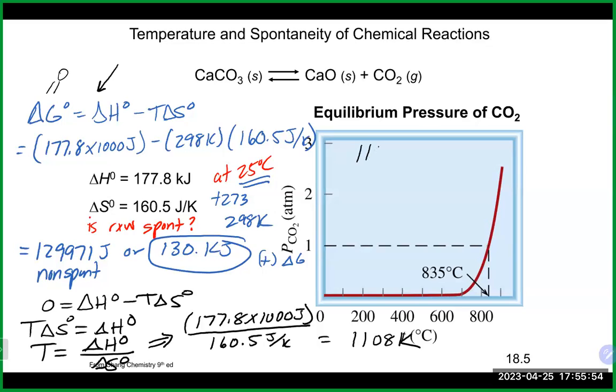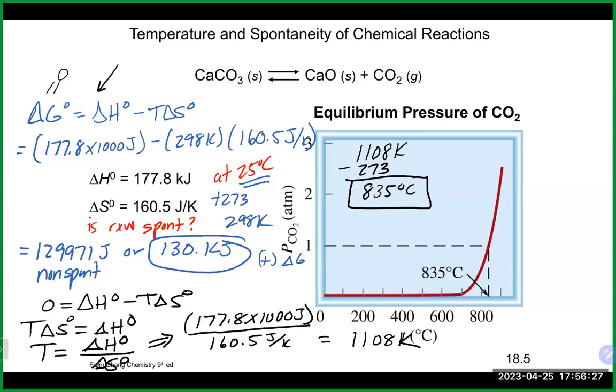If we convert that into Celsius by subtracting 273, that gives us a temperature of 835 degrees Celsius, which is what you would need to get this reaction to become spontaneous. That would technically be the minimum temperature at which this reaction becomes spontaneous. First off, any question on that calculation?